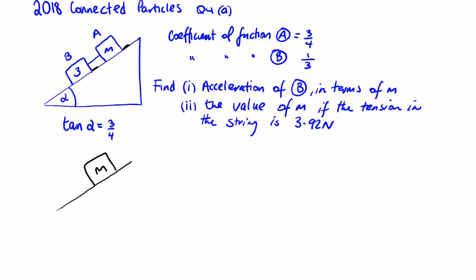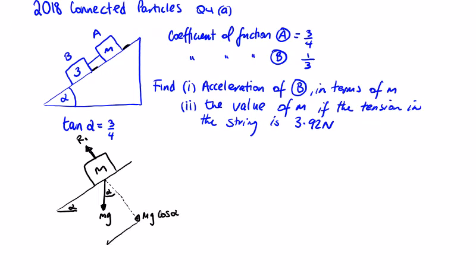Create your diagram. Got our alpha. So going down, we have mg straight down. We have a force coming down this way, and an opposing force here, which we'll call R. Well, we're going to have two R's, so we'll call this one R1. Going down this way, I have my alpha in here. This is adjacent to alpha, so mg cos alpha.